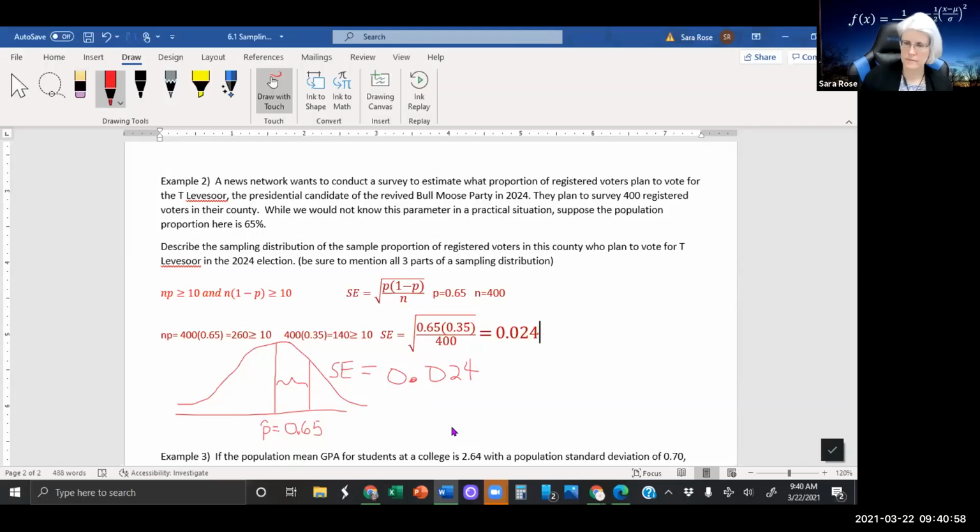Okay. Now, we have, let's see, this is where I want to go with it right now. Okay, so in order to write up this sampling distribution, or in other words, to describe the sampling distribution, you have to have three things.